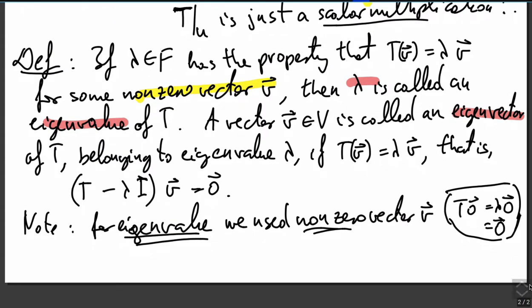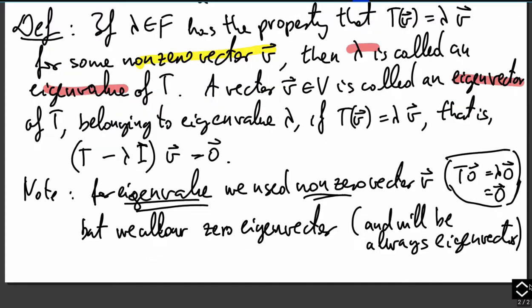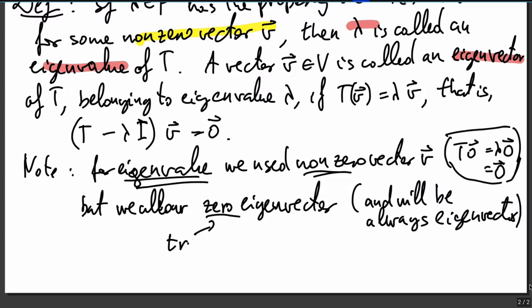But for eigenvectors, we allow the zero vector. Once we have an eigenvalue, 0 will always be an eigenvector. Some books restrict eigenvectors not to be 0. Still, we should call this the trivial eigenvector. And when you are looking for eigenvectors in the homework assignments, of course, we never look for the 0 eigenvector.